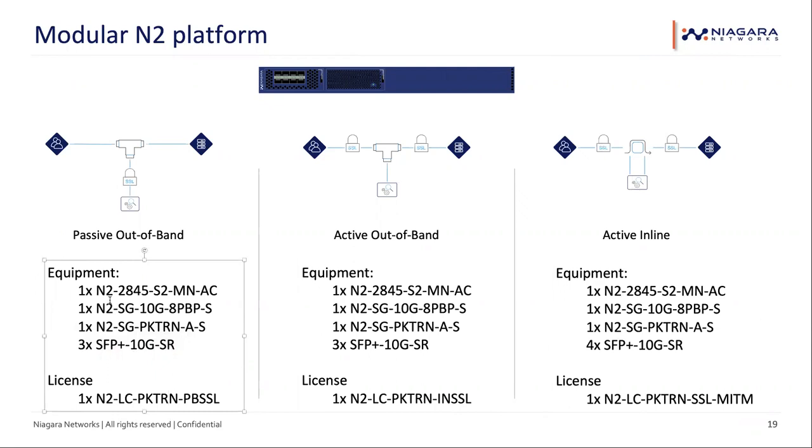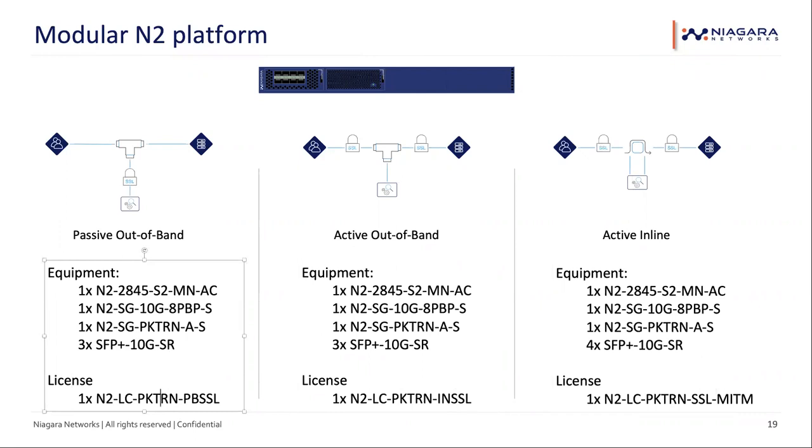So a passive decryption license, an active out-of-band decryption license, or a man-in-the-middle decryption license. If you install the man-in-the-middle decryption license, you automatically have the other 2 as well. If you install the active out-of-band, then you also have the passive decryption license as well.